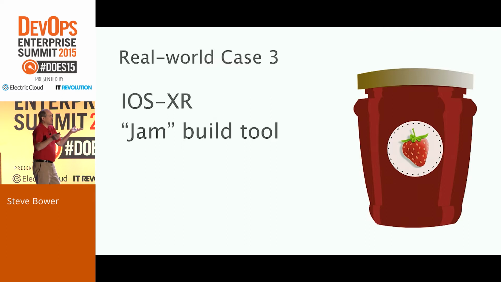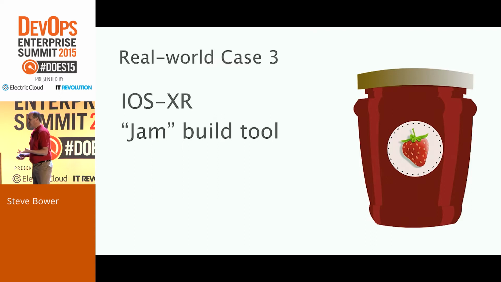And this is fine. But the thing is that ElectricAccelerator doesn't have a personality for jam. It supports Make and Ant, maybe a couple other things. I forget. All I really use is Make. But it doesn't know how to do anything with jam.